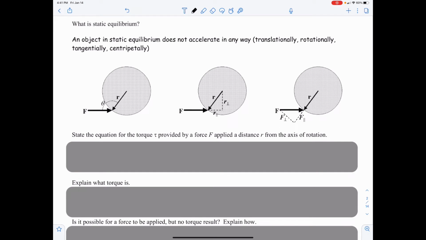Now we have a picture here in which we have a force applied to an object right at this point. And what we come to find is that there are two different ways to describe it.